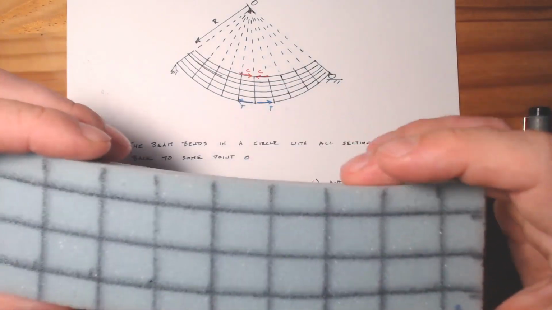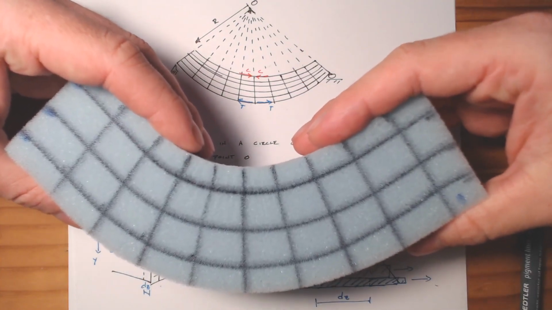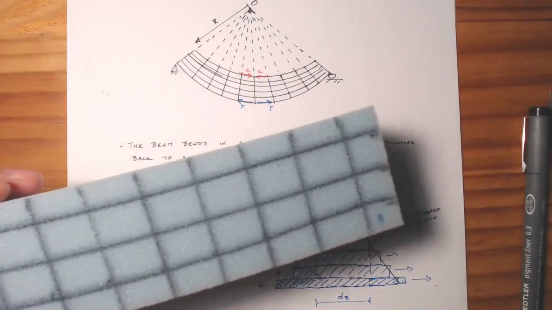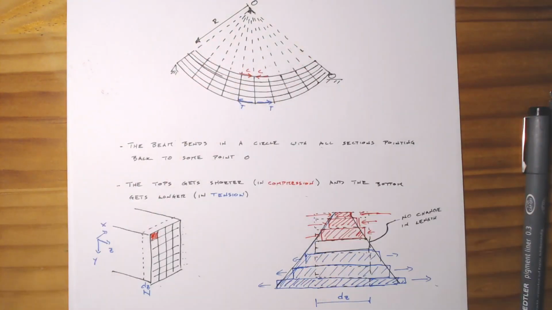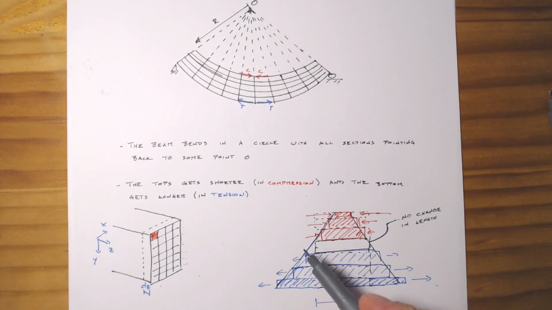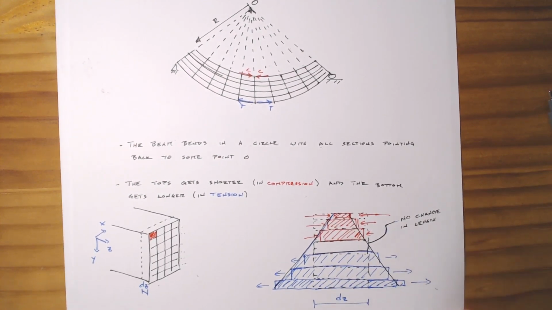If you watch those two as we bend them, yeah, the top gets smaller and the bottom gets longer, but because all they're doing is plane sections remaining plane, they're moving at a constant angle, which means that at some point in the middle, you have no change in length.